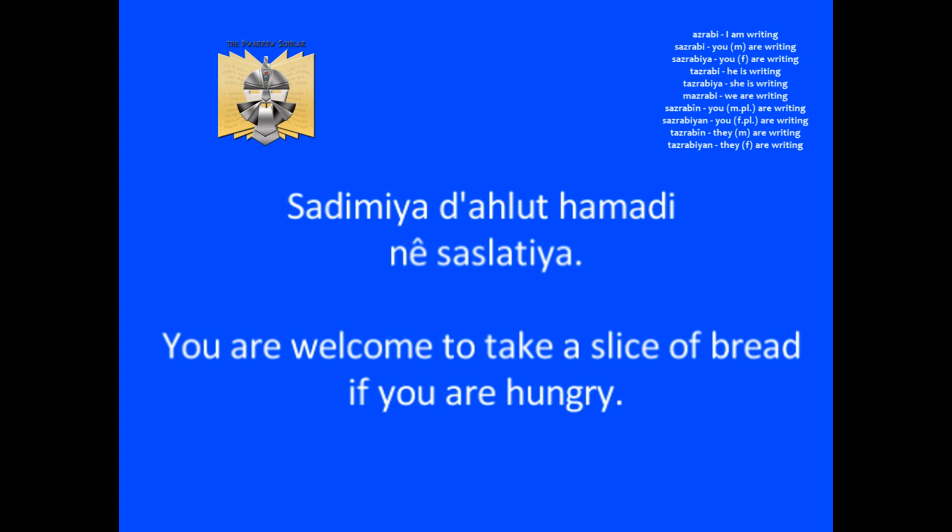Yet you can see that the conjugation is always the same. We add sa as prefix to indicate we talk about the second person, and we add ia to indicate we are speaking to the one female individual. If we translate these conjugated verbs, we get sadimia, you are welcome, and saslatia, you feel hunger, as mentioned both in the female second person singular.